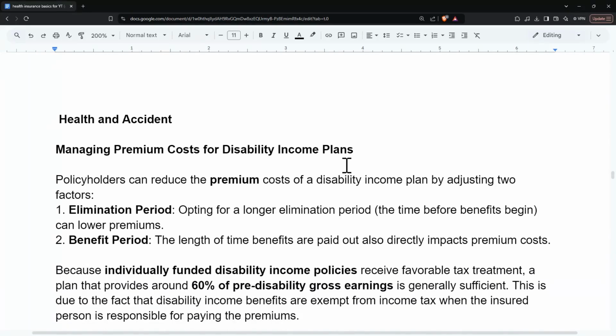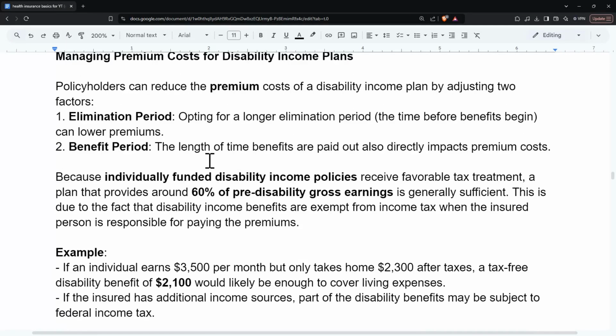Now, managing costs for disability income plans. Policyholders can reduce the premium costs of a disability income plan by adjusting two factors. So the elimination period, a longer elimination period lowers premiums, and the length of the benefit period. A longer elimination period means it's a longer time before the benefits kick in.